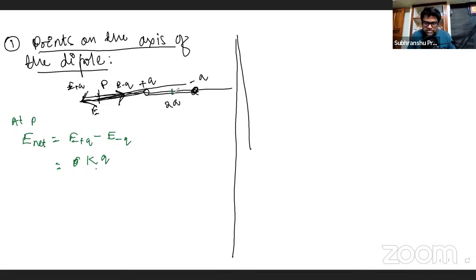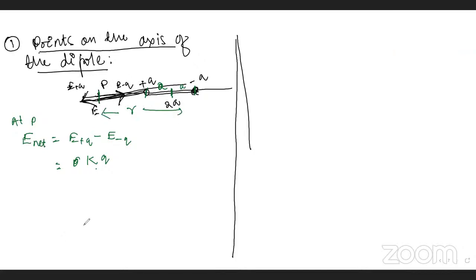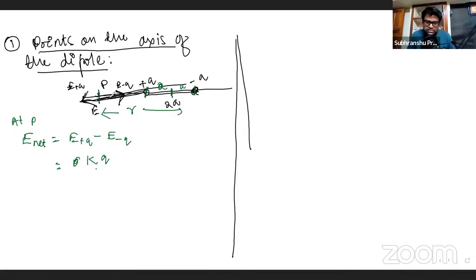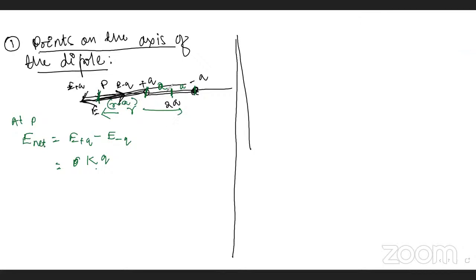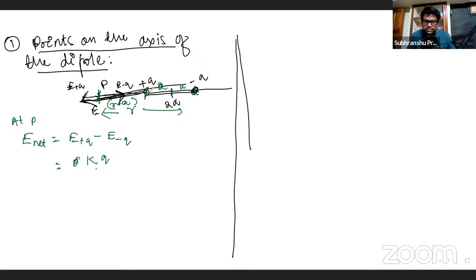So what is r? The total distance between plus q and minus q is 2a. If I take the center O, from O to plus q it's a, and O to minus q it's a.